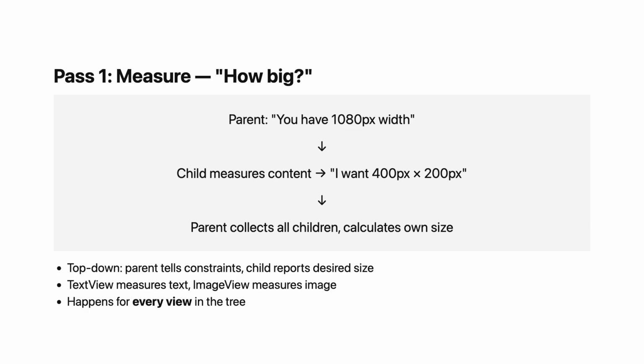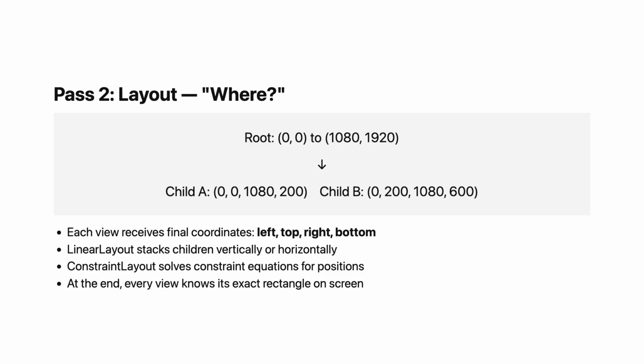Once every view knows how big it wants to be, the second pass begins, layout. The question now is, where does each view go? The root view is positioned at the top left of the screen. Then it positions each of its children within its own bounds. A vertical linear layout places its first child at the top, then the second child below it, then the third below that. A constraint layout uses its constraint equations to calculate exact positions for each child.